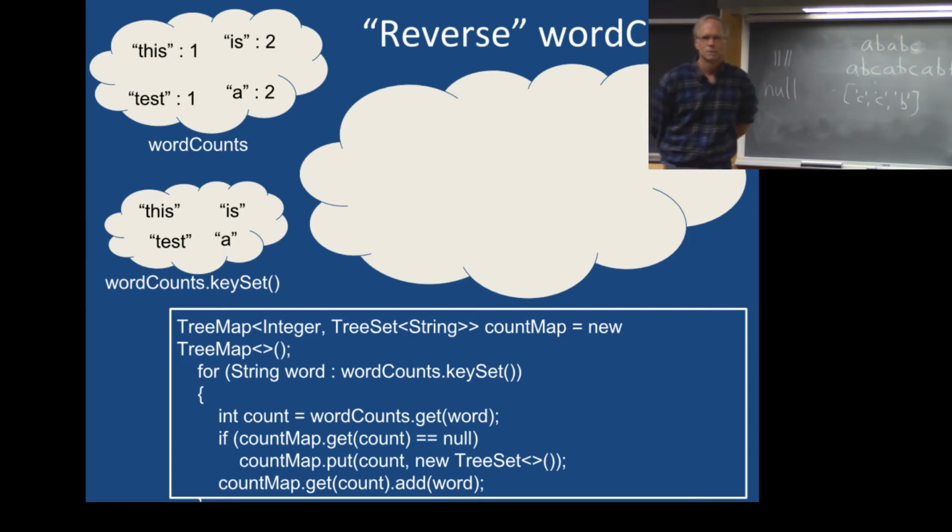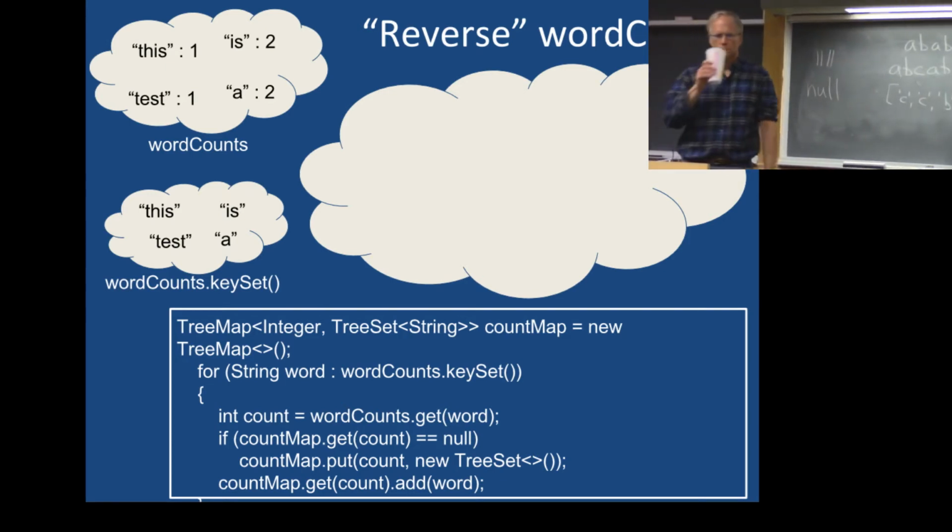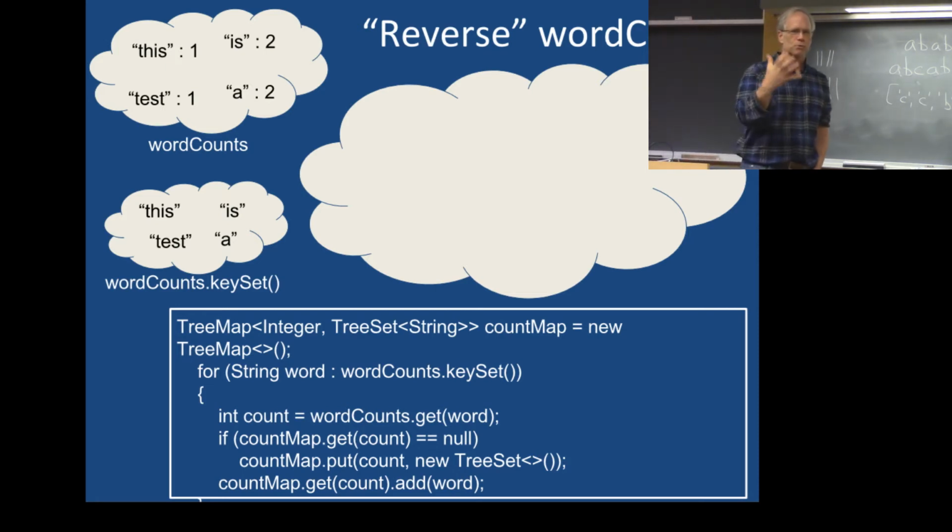Yeah? Yesterday we made word counts in a different method, but we called it in the next one. Is that something specific to tree maps, that you can call them in a different method? No, anything you were using in the method was being passed in as a parameter.